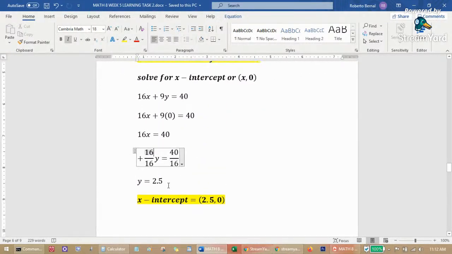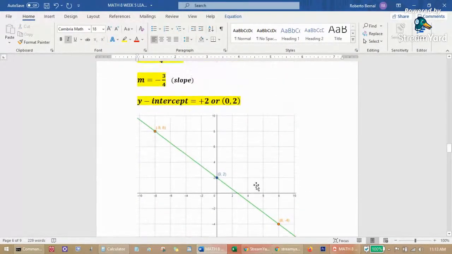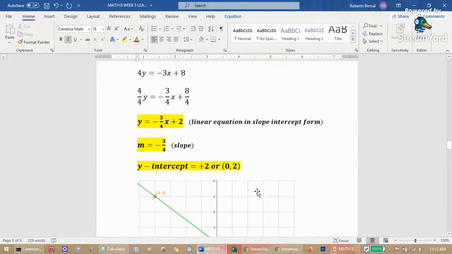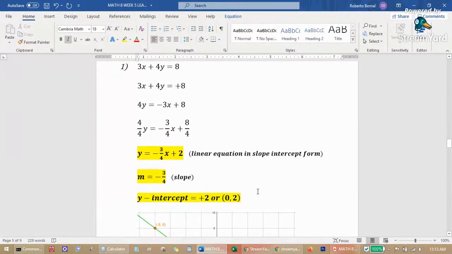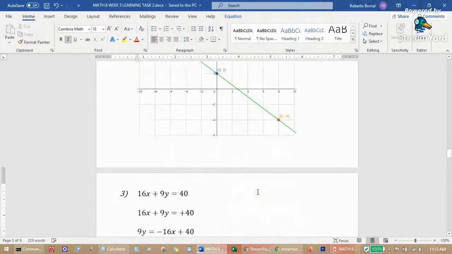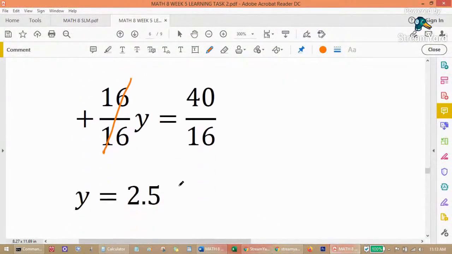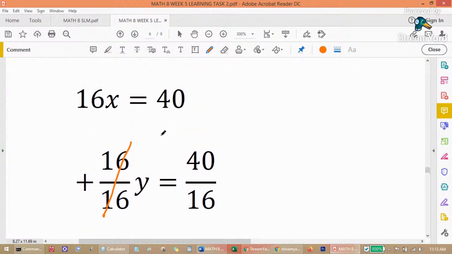Okay, this is x. 16x, nagkamali ako dito. This is not y. Dapat to is x.